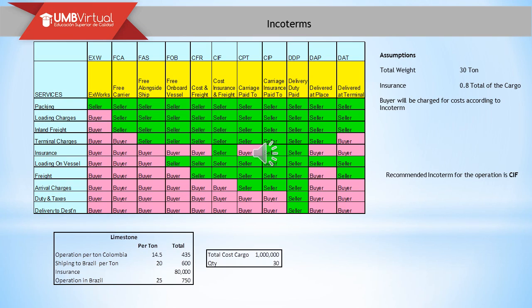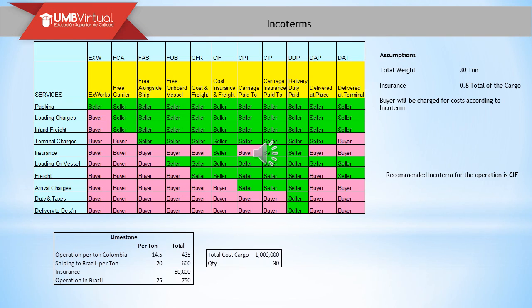What I mean by this is, if I pay the insurance or the transportation by ocean, this cost is going to be charged in the final invoice to the buyer. In other words, the wood that we are selling would be more expensive in accordance with the Incoterm.